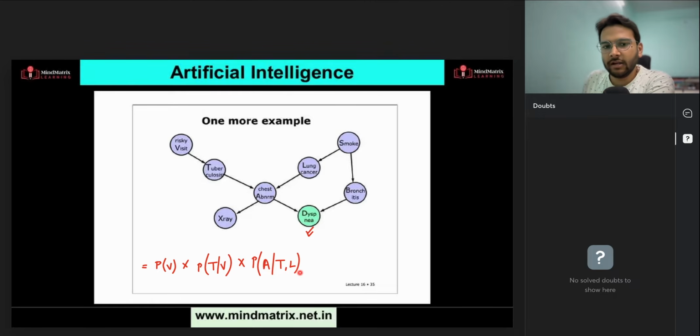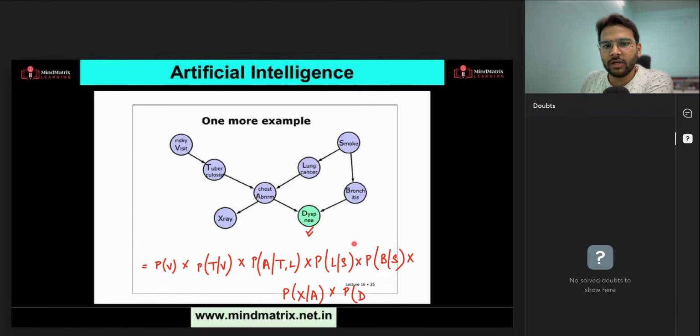Into probability of L given S, then probability of B given S, and then we have probability of X given A multiplied by probability of D.